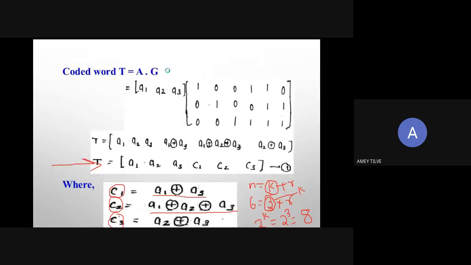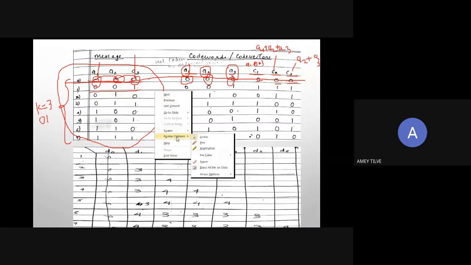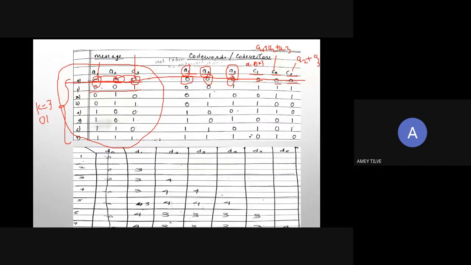Now let me go to the second part. The second is 0, 0 and 1. So what is the value of A? A1 is 0, A2 is 0, A3 is 1. Now, C1 is nothing but A1 XOR A3.